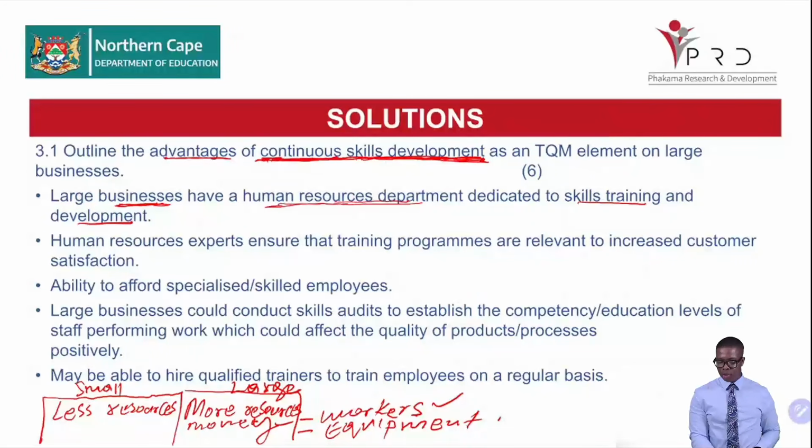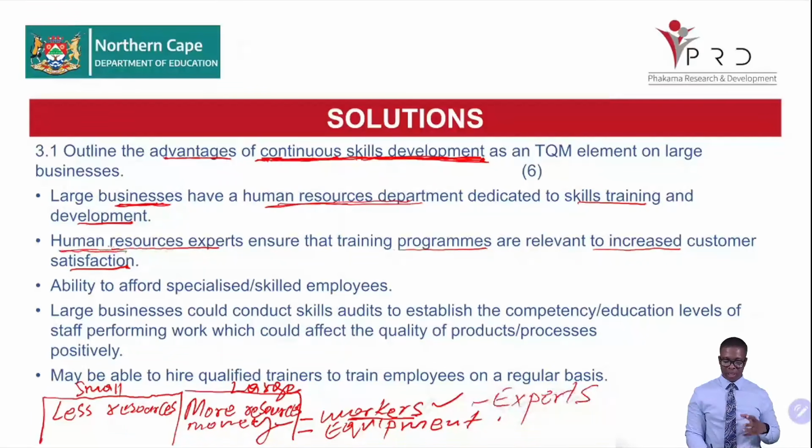And when we say human resource department, it goes to the idea that they have more workers. And then another one says human resource experts ensure that training programs are relevant to increase customer satisfaction. So again, it becomes an advantage because they have more workers who can also be experts. And when we say there's an expert, it means they have the skill and the know-how.